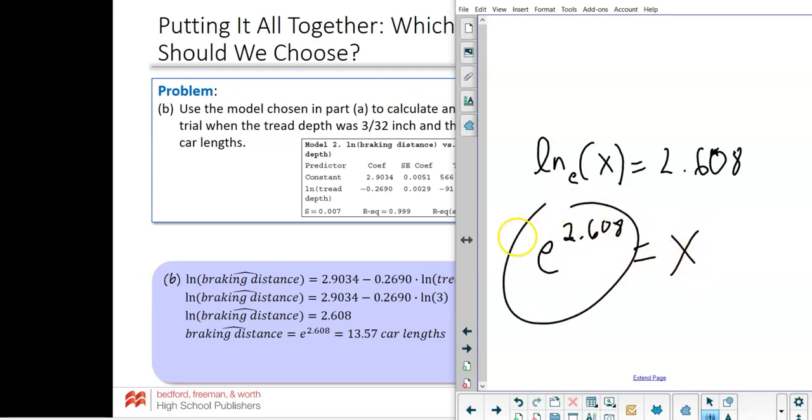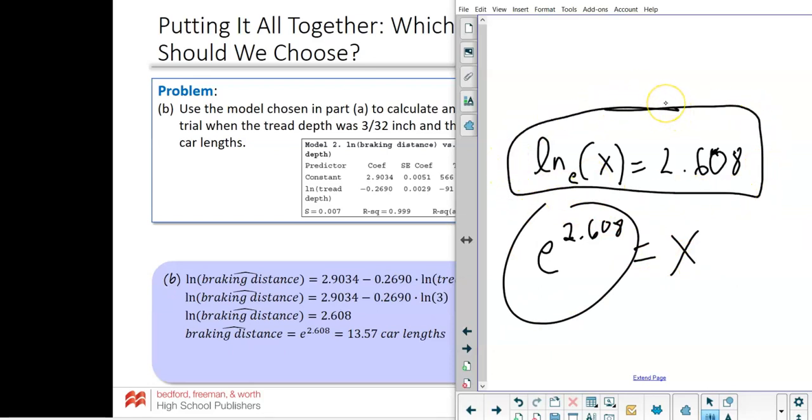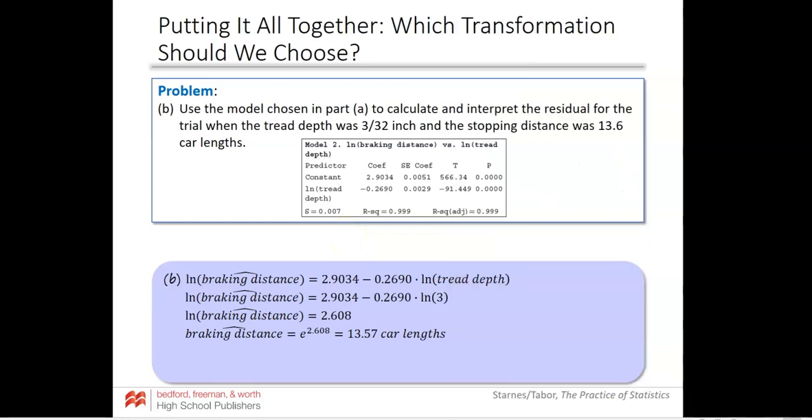So you could just type that in your calculator at that point and get the answer of 13.57, or you could have used the solve command again and solved that way. I don't care which way you do it. That's a good step to show to get to this point, and then just show your answer at that point if you used your calculator. So that would not be a problem.